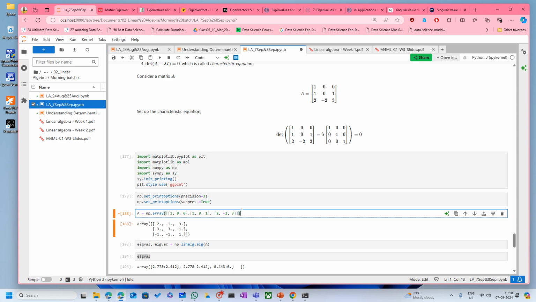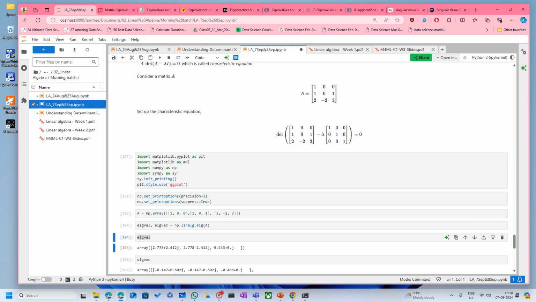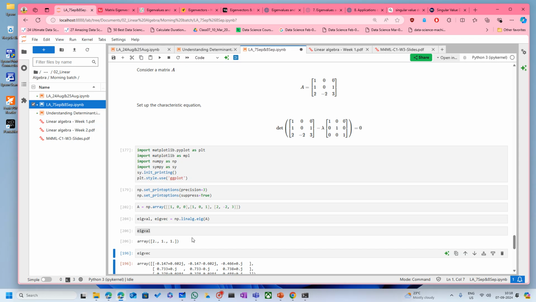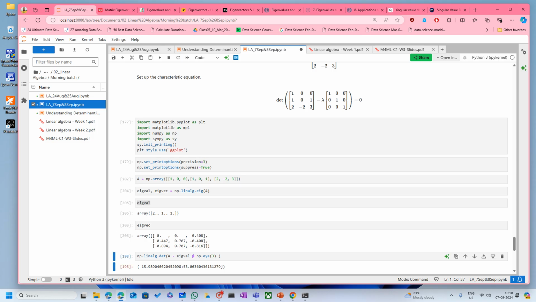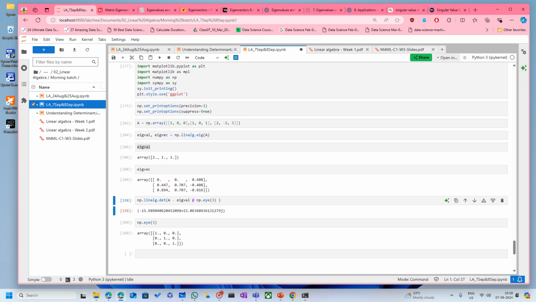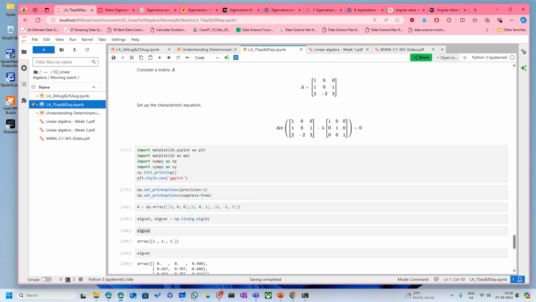This is our A. Calculate the eigenvalues, you get 2, 1, 1. The eigenvector looks something like this.